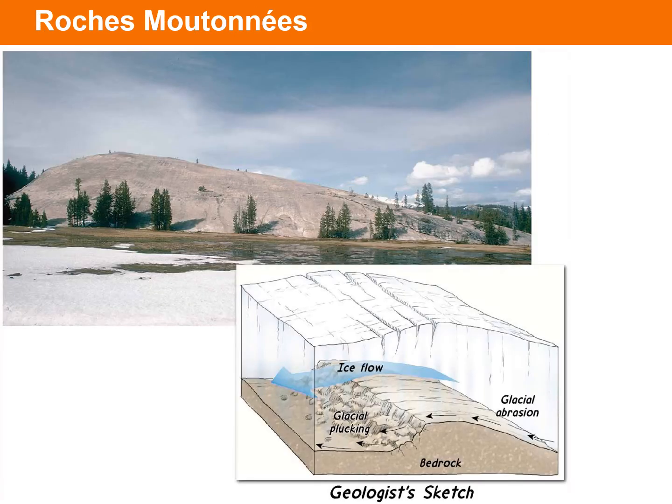And this is what a roche moutonnée looks like. And you can picture the ice flowing from right to left in this case, where you have glacial abrasion on the right and then plucking on the left as the ice flows down over this bedrock.